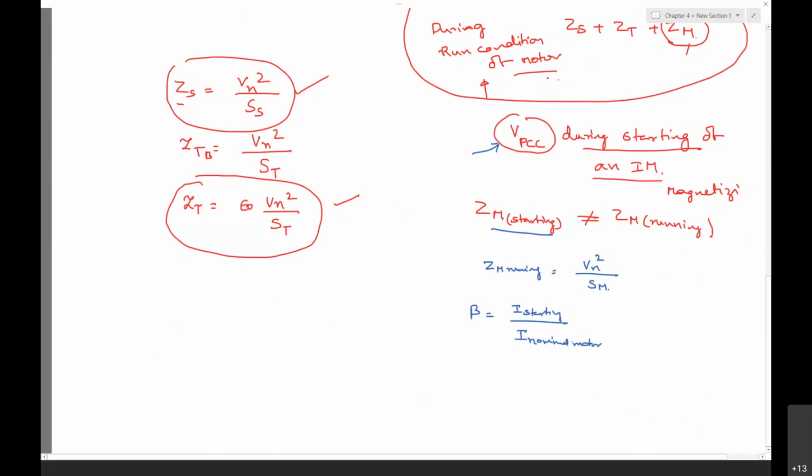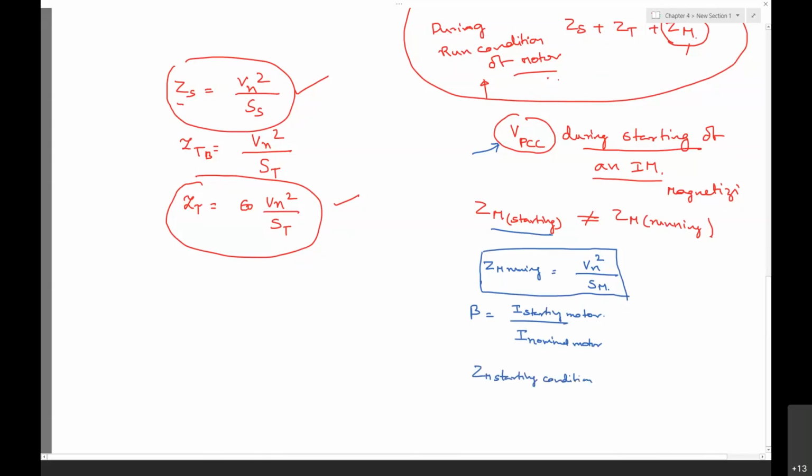Beta is equal to the starting current over the nominal current of the motor. The impedance is Vn square by Sm. Now we can find out Zm during the starting condition.